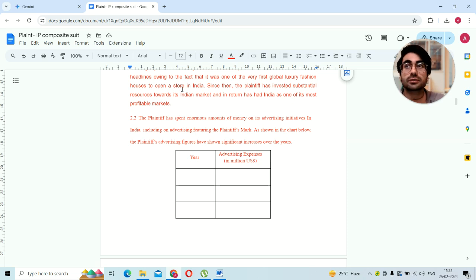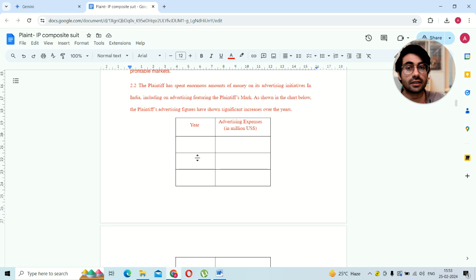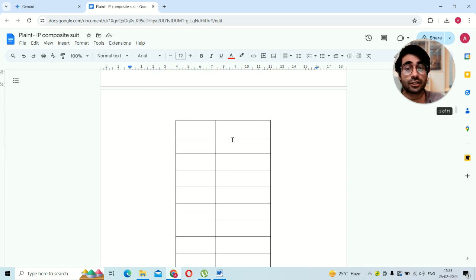Whenever we are talking about reputation, we should directly also talk about the kind of advertisements that we have made, the amounts that we have spent towards advertisement, right? So that is something that you can talk about every year, how much investment was made as far as advertisement was concerned. So what was your advertising expenditure?